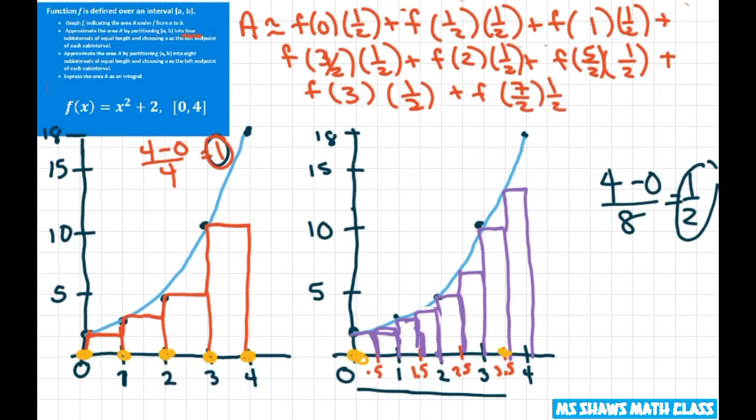Now, when you factor out the 1/2, it makes it easier. So all of these have 1/2 in them. So I'm going to factor out 1/2 and then just evaluate all the numbers.